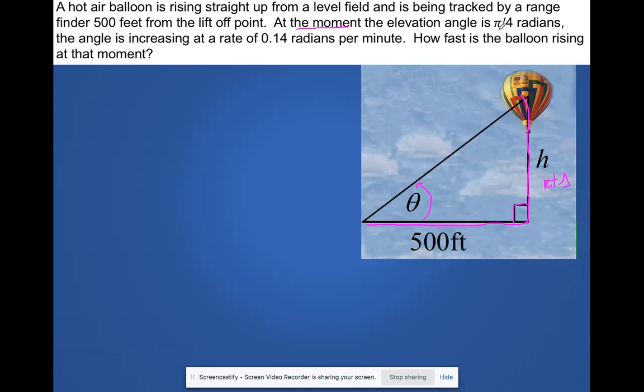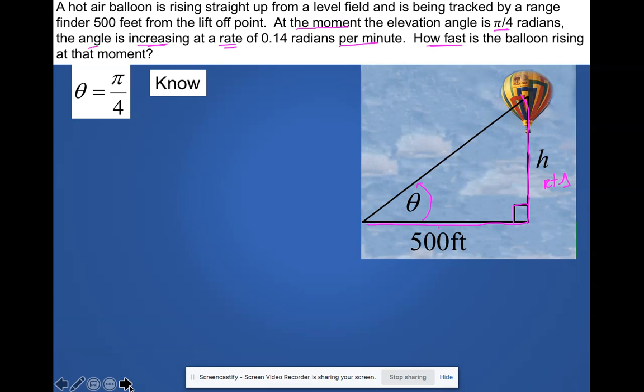So at the moment the angle is pi over 4, the angle is increasing at a rate of 0.14 radians per minute. How fast is the balloon rising at that moment? Those are all the words that jump out at me. What do I know?